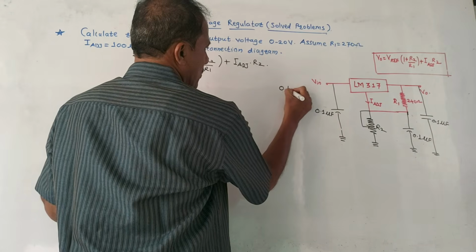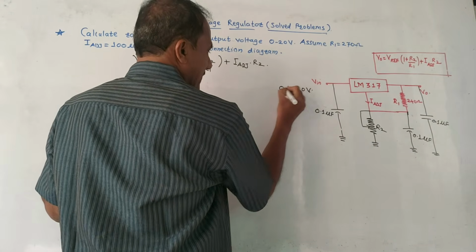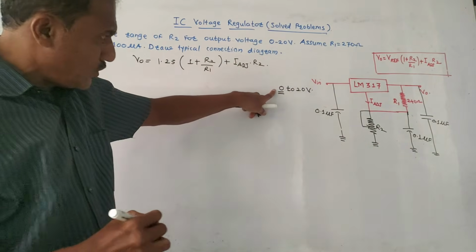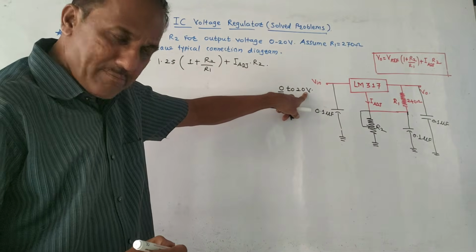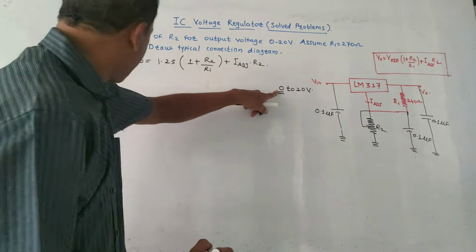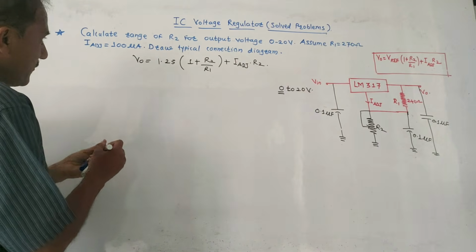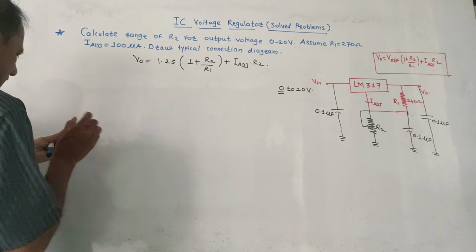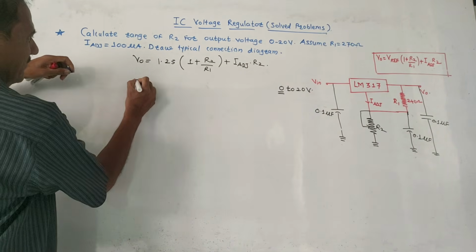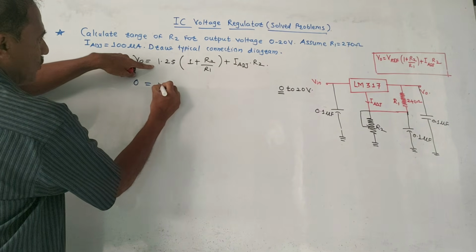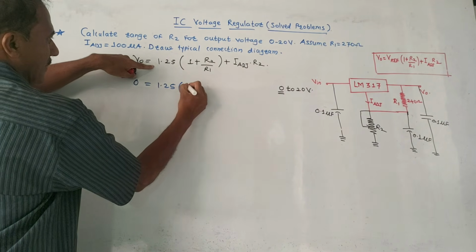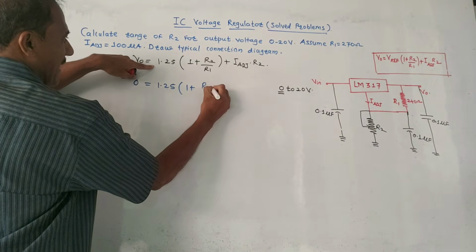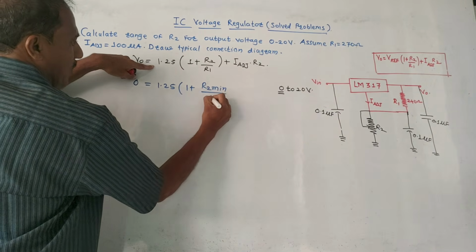Given range is 0 to 20 volt. Means the minimum value, that is V0 minimum, is 0, maximum is 20. So first let us calculate the minimum, meaning wherever there is V0, put the minimum value. So let us put the minimum value, that is 0 equals 1.25 into 1 plus, here I write R2 minimum upon R1.